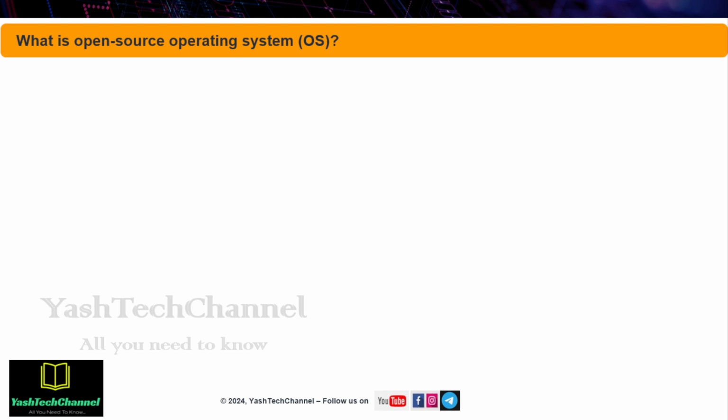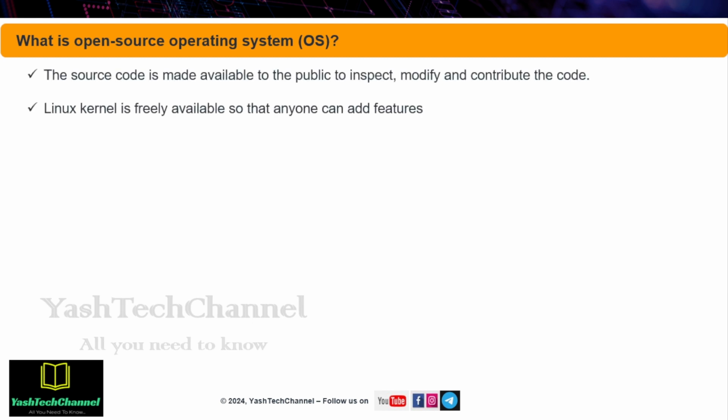As I mentioned, we have different distributors out there, especially Red Hat, Ubuntu, Fedora, and Debian. In this model we can inspect, modify, and contribute to the code. As I said before, Linux is one of the freely available ones, so that anyone can add their features.